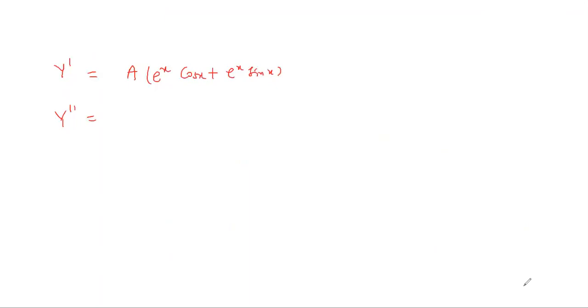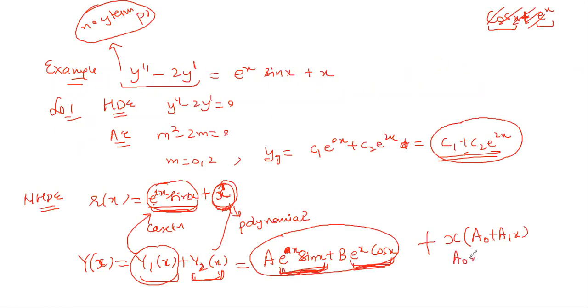So I'm writing those terms, plus b times minus e raised to power x sin x plus e raised to power x cos x, plus a naught plus 2a1x, because this part is a naught x plus a1 x square. When you differentiate this one, it will be a naught plus 2a1 into x.